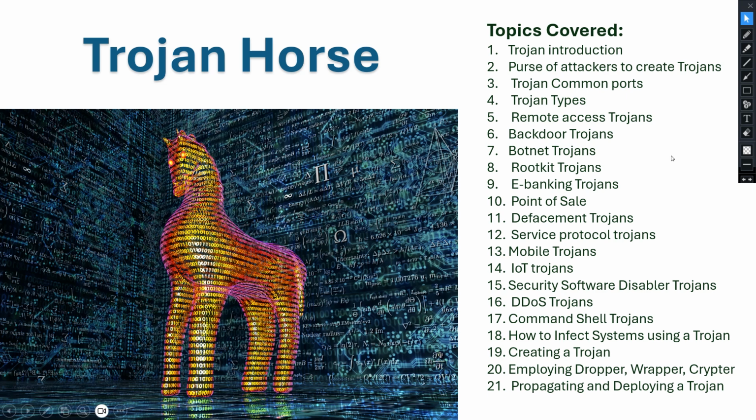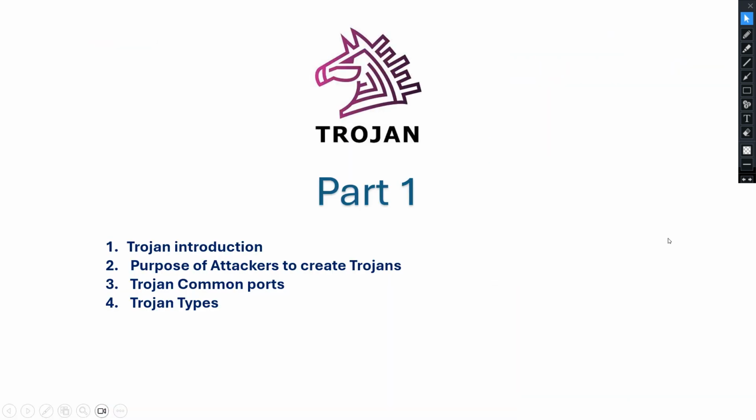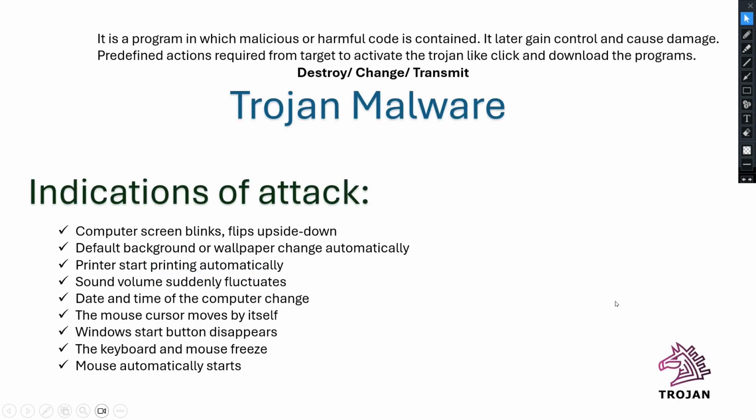Let's start with Trojan and the part 1 of video. Here we'll discuss about Trojan introductions, purpose of attackers to create Trojans, Trojan common ports, and Trojan types. Okay, so what is this Trojan malware? What is the Trojan?